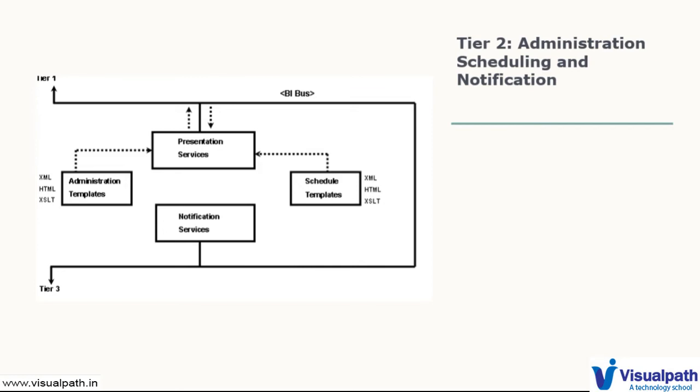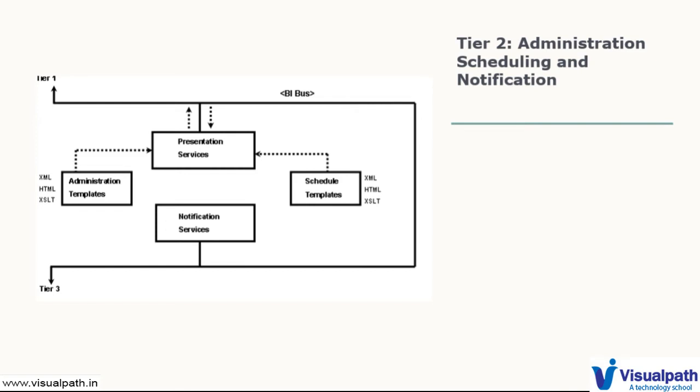Here, from tier 1, that is from the web server tier, or from the URL, we get a command that we have a report which we want to schedule for this time and this date, and the required report output format should be HTML. In this scenario the presentation service comes into the picture, and what exactly it does is identify the reporting templates that we need to use, and then depending on that it schedules the template.